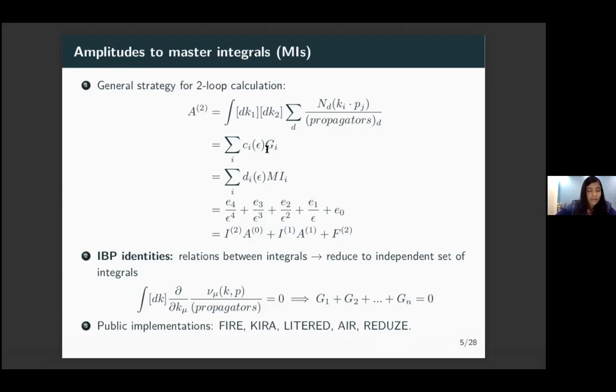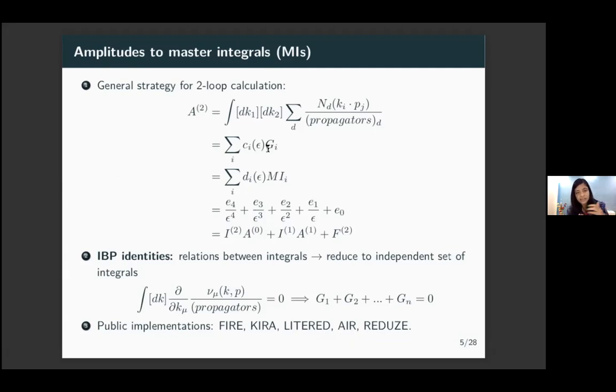So these are the sum of diagrams which have the same propagator structure. But it can happen that these diagrams are not all independent. There exist relations between them.